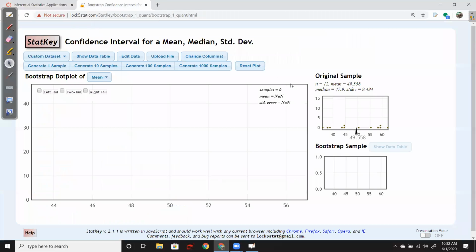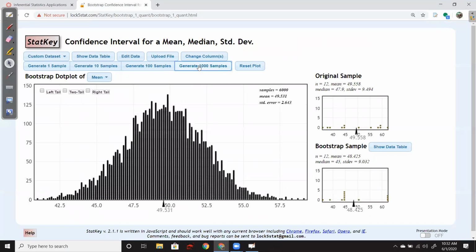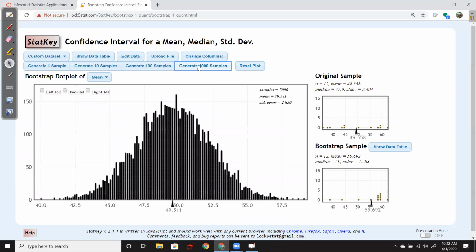And so then the confidence intervals, we did this three weeks ago. We get the data in there, and then we just hit generate, generate, generate. And we want at least 6,000 samples. So again, what StatKey is doing here is creating what's called a sampling distribution. A sampling distribution means take this sample here, make a deck of cards, and then give me 7,000 more samples of size 12 based on that deck of cards.